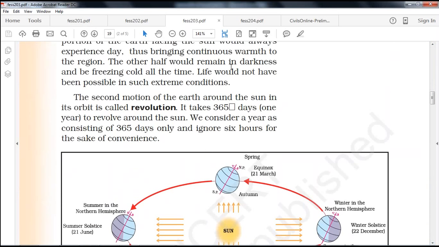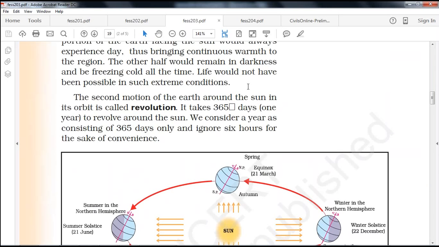So what happens if Earth doesn't rotate? What is the importance of this particular motion? That is the first motion of Earth, called rotation around its axis. What happens if Earth stops rotating? One part of Earth will always be facing the sun and will receive continuous sunlight. The other half, which is away from the sun, won't receive any sunlight at all, and will be in darkness.